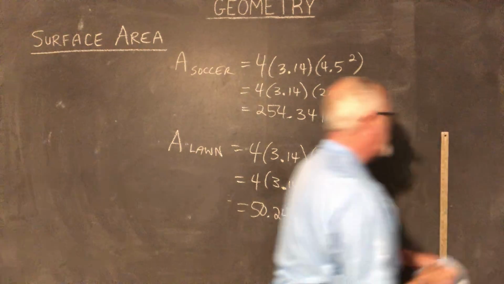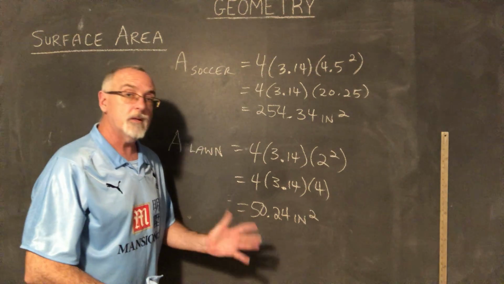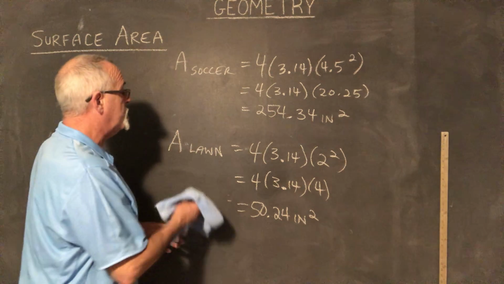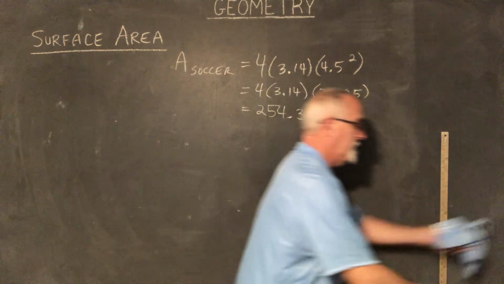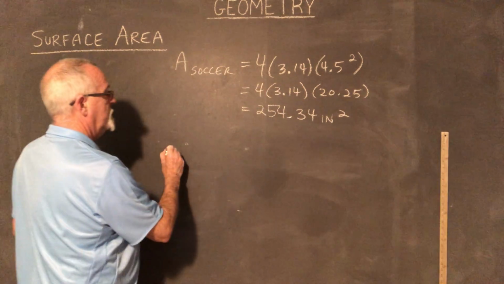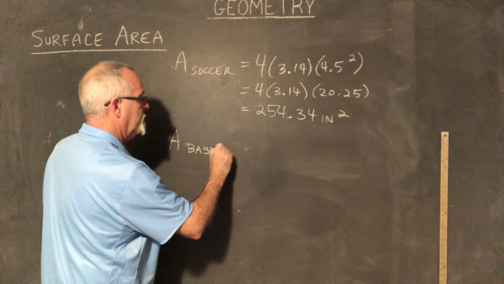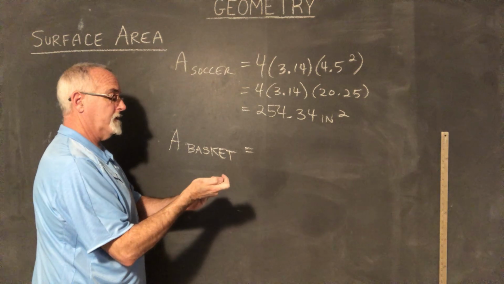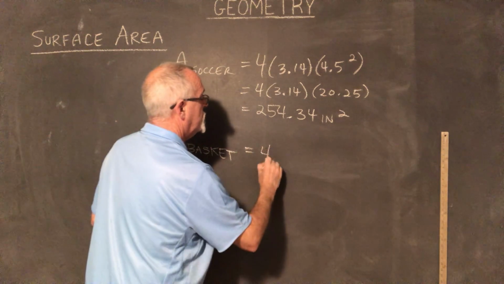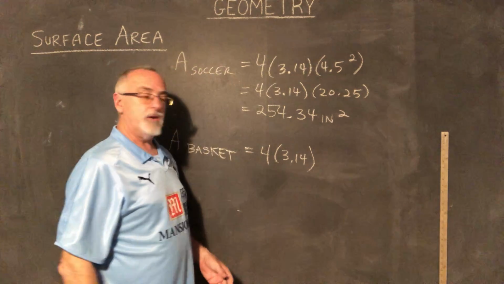Okay, only one left to do for all of these spheres. Let's do the basketball. The basketball looks quite a bit bigger, but it's actually officially just a little bit bigger than the soccer ball. Area basket is equal to, more chalk please, I'm running out of this piece of chalk, 4 times pi, 5-inch radius.